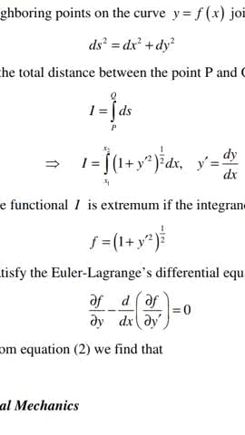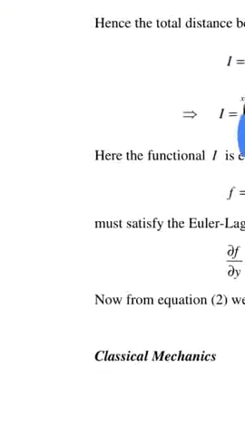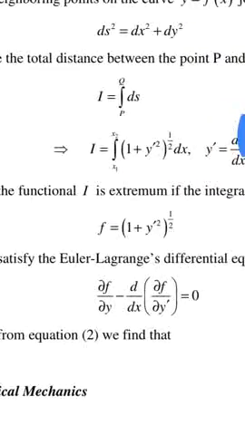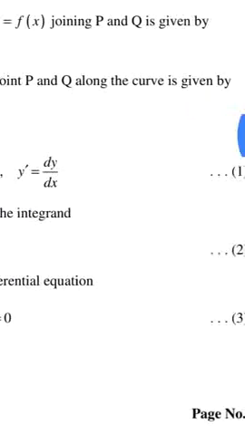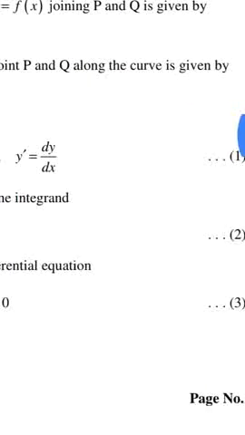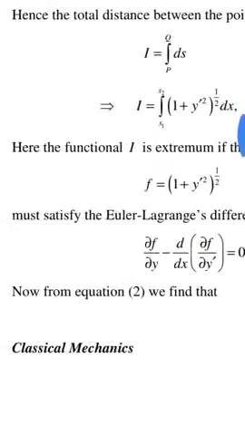and by the distance formula ds² = dx² + dy². Hence the total distance from P to Q along the curve is given by I = integral from P to Q of ds.